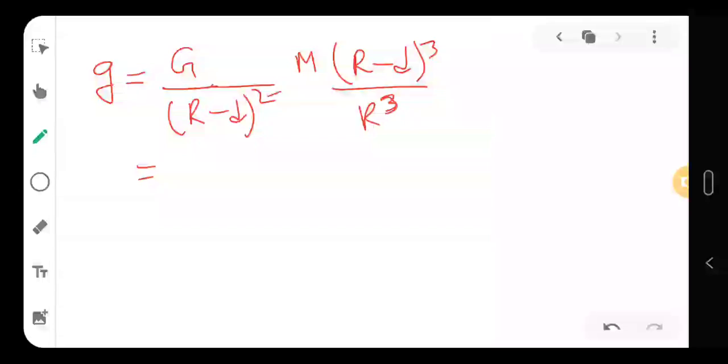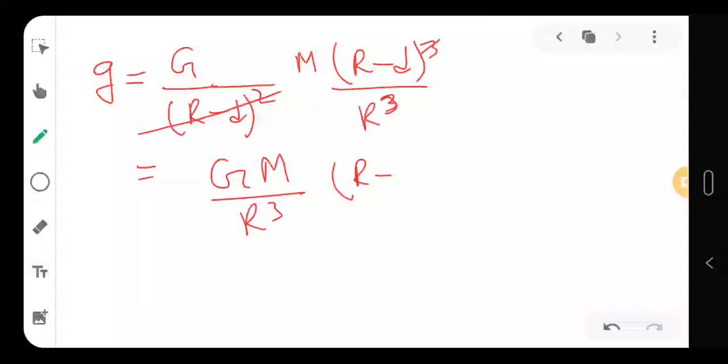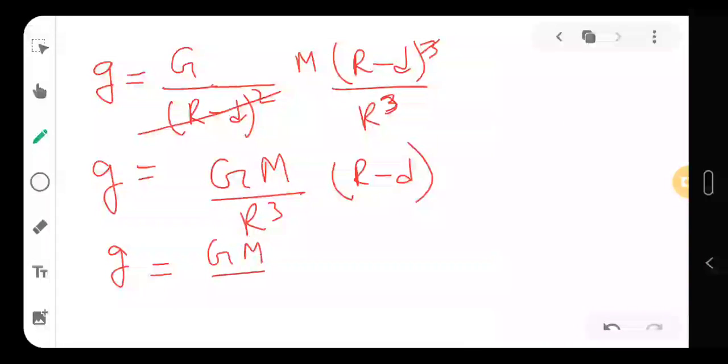Now you can see that we can cut this, and finally we will get GM by r cubed times r minus d, right? And from this we can also write GM by r square, sorry, and we can take one r inside and write 1 minus d by r. So what I have done is just multiplied this denominator with them.